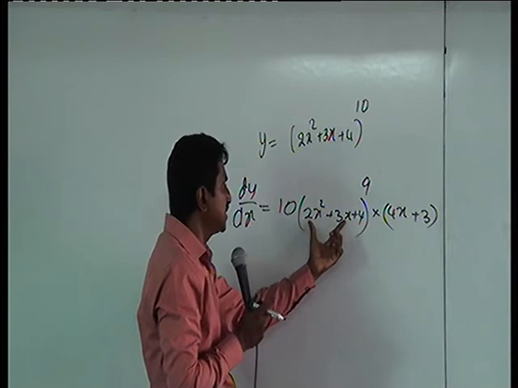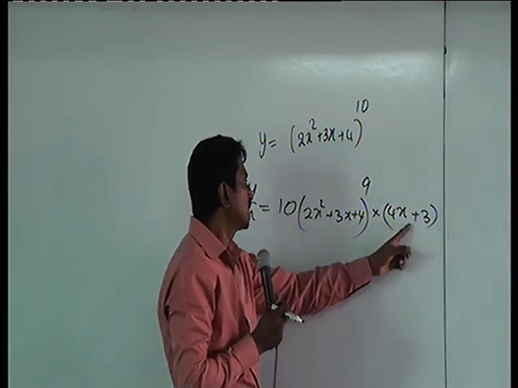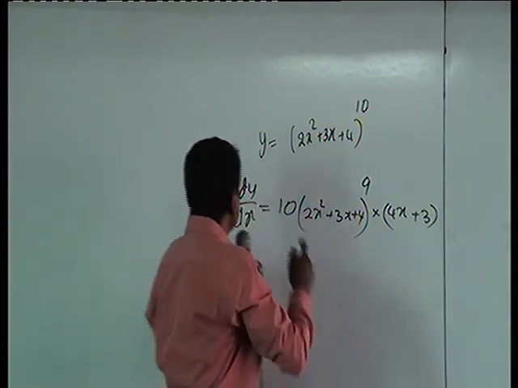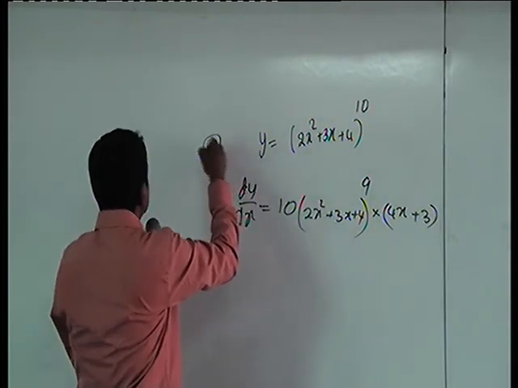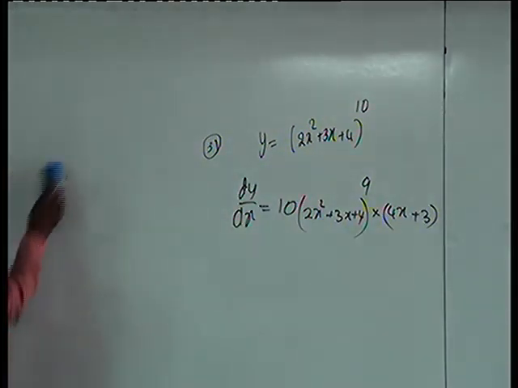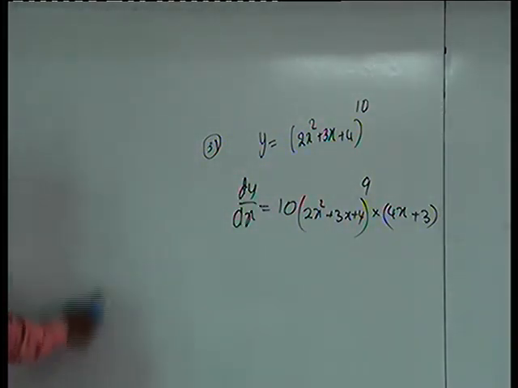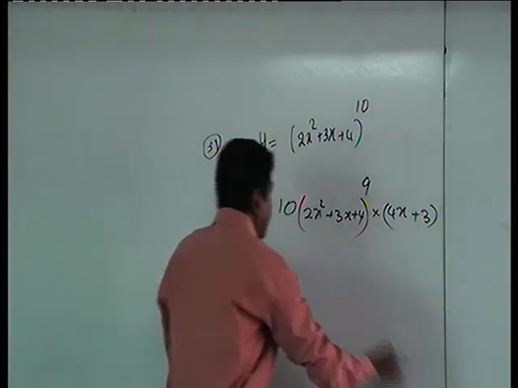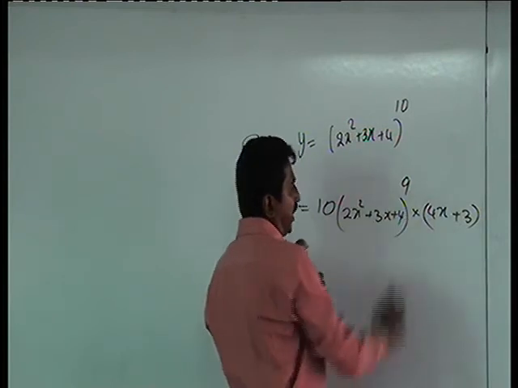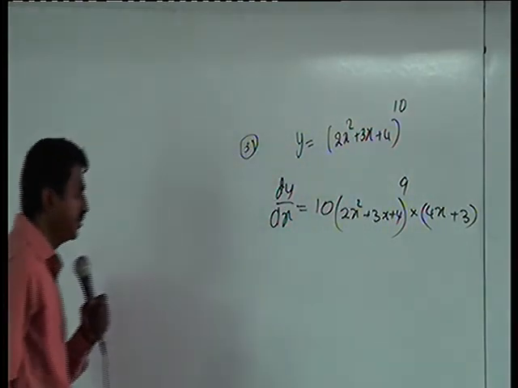When you differentiate the inside function, that is 4x plus 3. That's maybe question number 31. We'll do some more questions here. Using this rule, function of function, just complete this one. I don't want to simplify this because of the power of 9. Just keep it like this, that's enough.